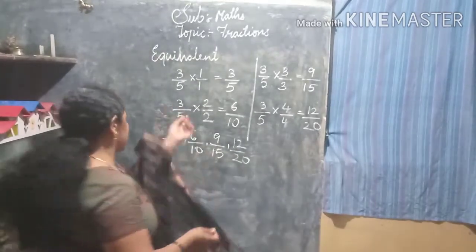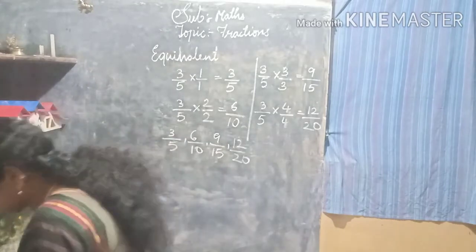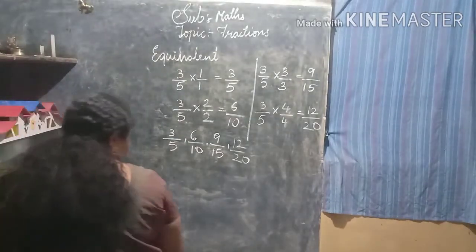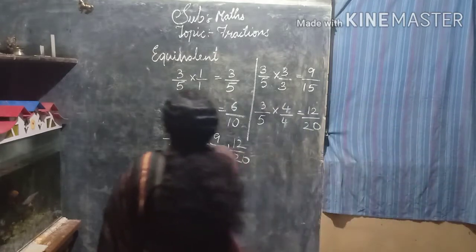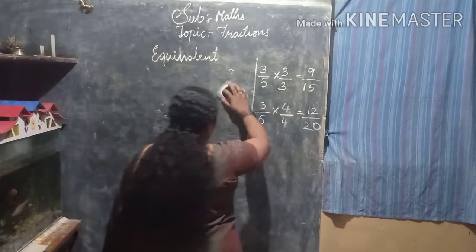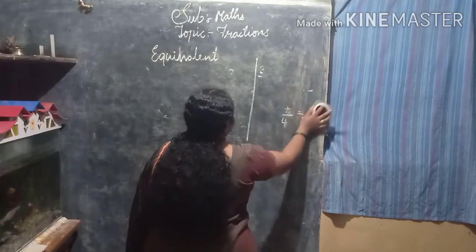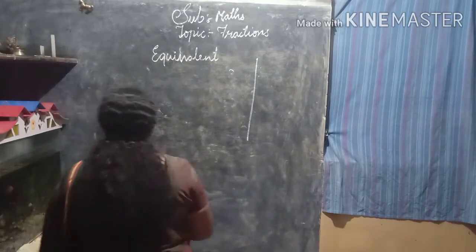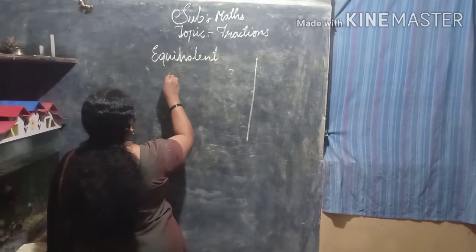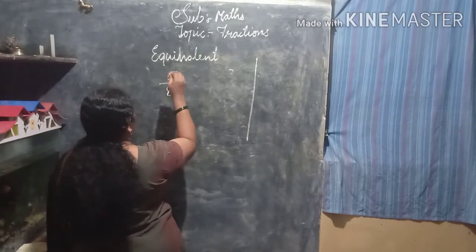So these are the equivalents of 3/5. Is it clear? Let us take one more number to find out. Let us take 5/8.